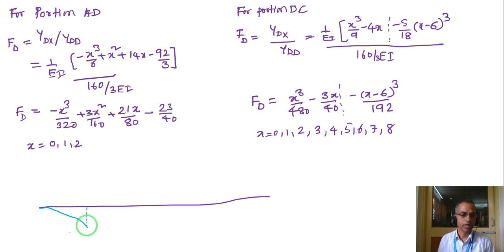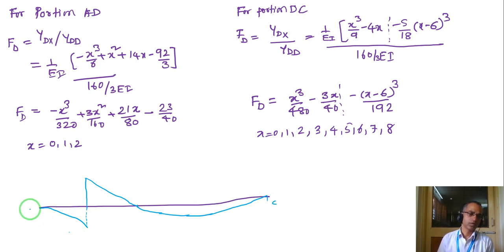This will be the D portion and it goes up, and somewhere here is B, and let us say this is C. B becomes 0, so this is A and D, B and C.